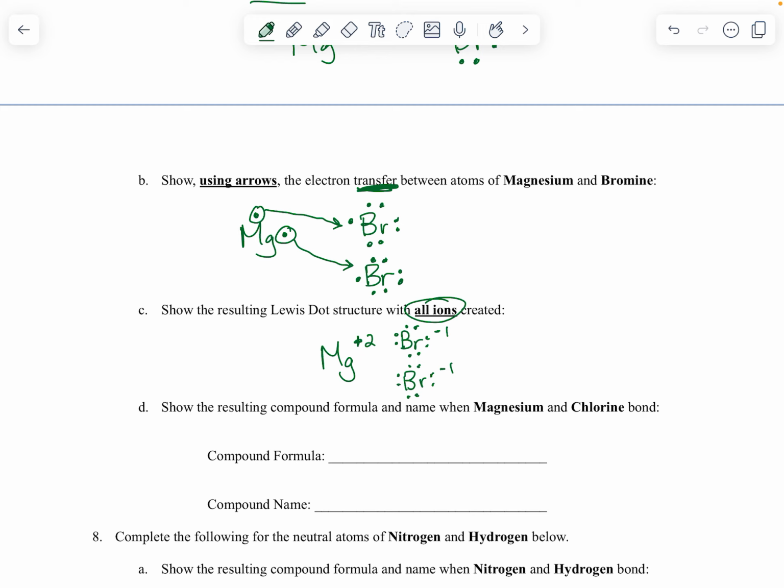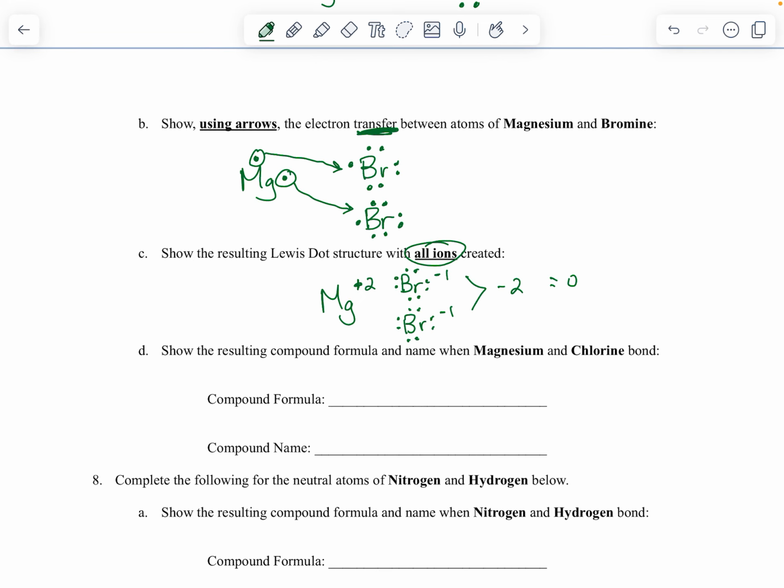You can add the brackets if you would like, but again, the same rules apply. +2, -2, that's going to add up to 0 for the overall charge, which is the end goal there. And with a nice image there, we can identify what the formula should be, which is 1 magnesium ion for every 2 bromine ions. So that's our compound formula there.